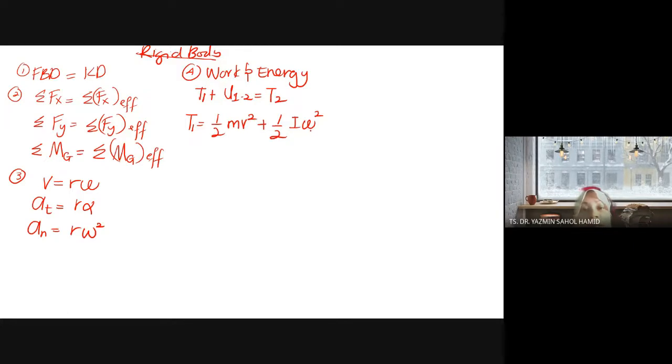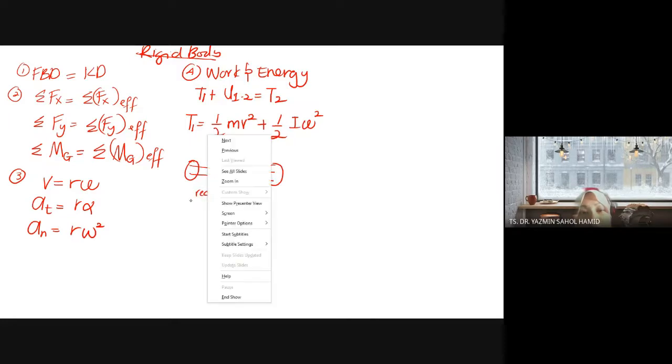What I'm trying to say is, do you remember the types of motion that can occur in a rigid body? There are four, right? One, translation in rectilinear motion.